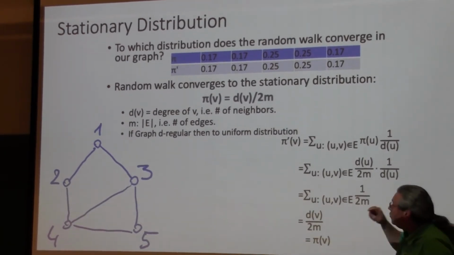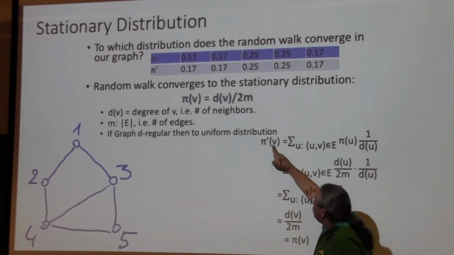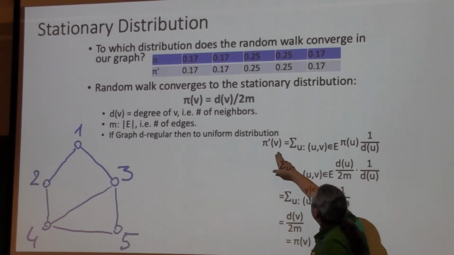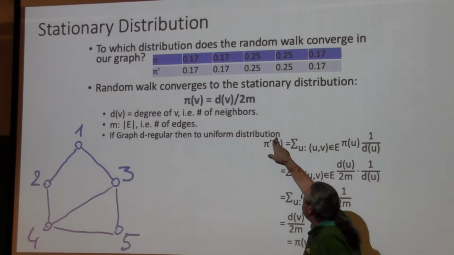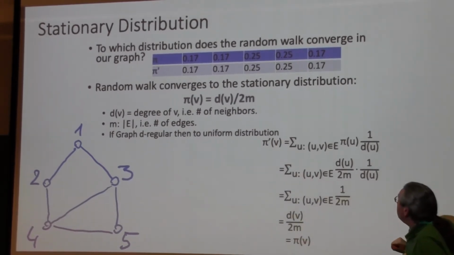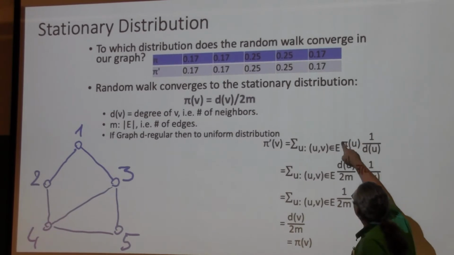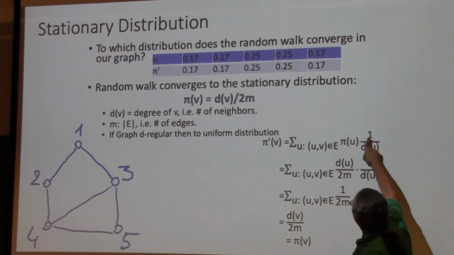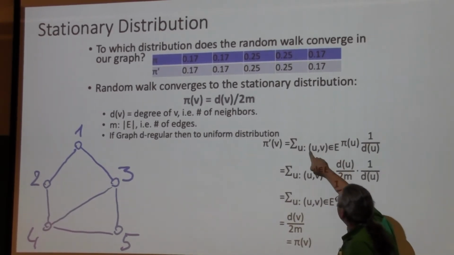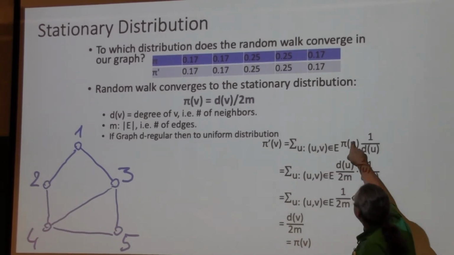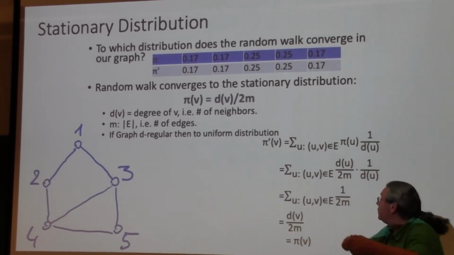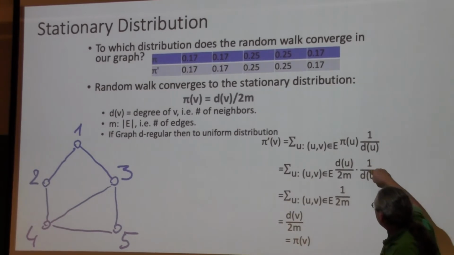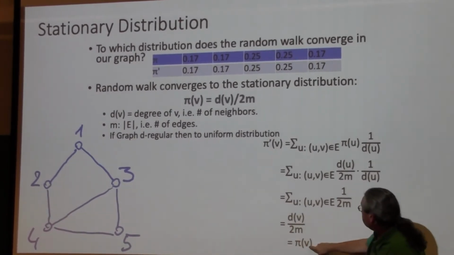Say we have a node, we have it going from U to V. The new probability of being in node V is the probability of being in node U multiplied by the chance of taking the edge going to V. Now this is a sum over the edges going from U to V. So these are the probabilities of all going to V. If this one here is du over 2m, then you can compute it, and it turns out to be dv over 2m, so it's the same.